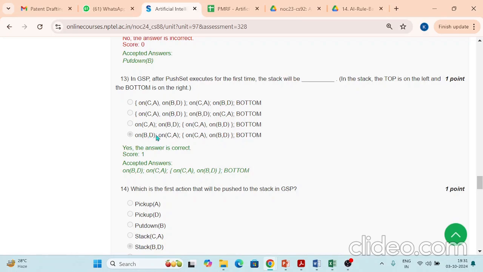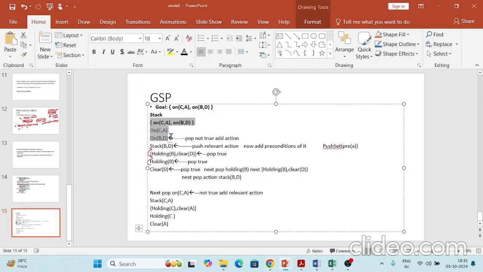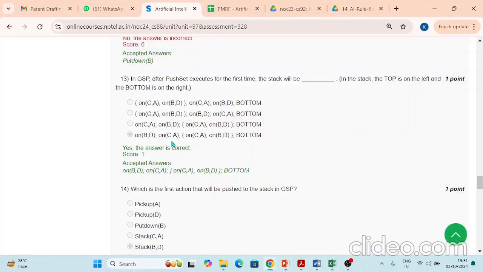That's why this is the correct answer: on B D, on C A, on C comma A, on B D from the bottom.